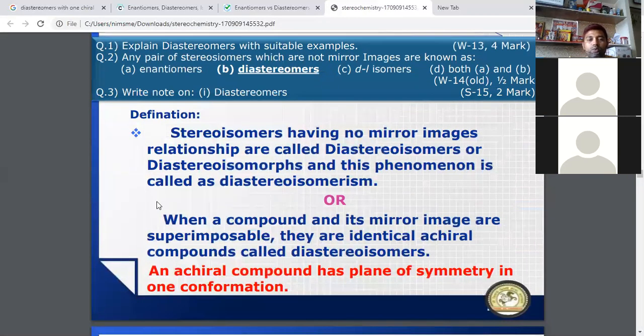First we'll discuss what diastereomers or diastereoisomers are.